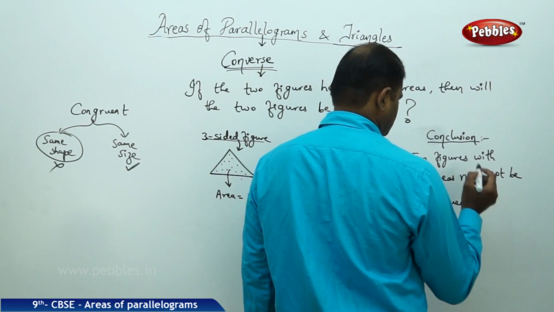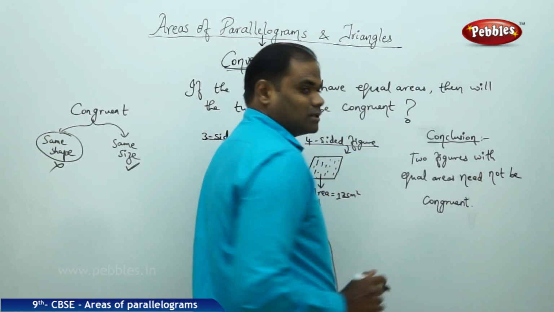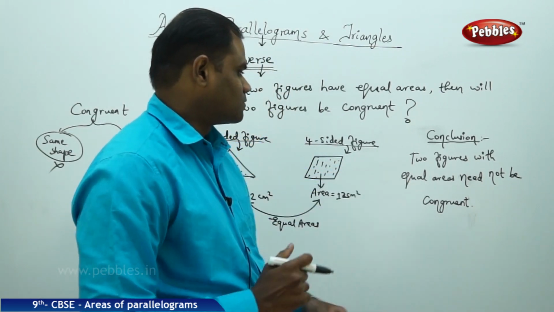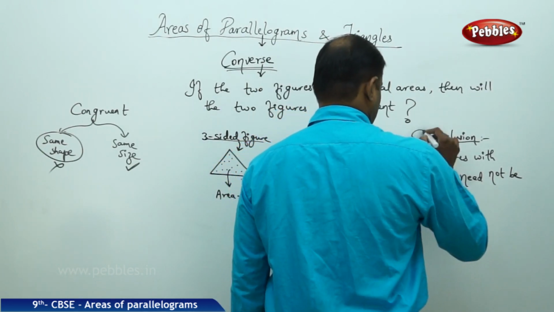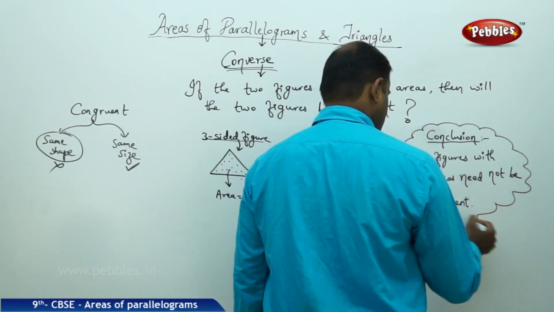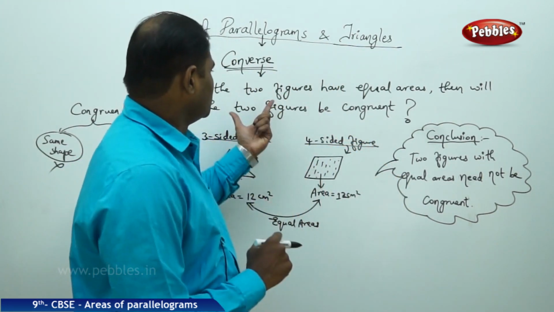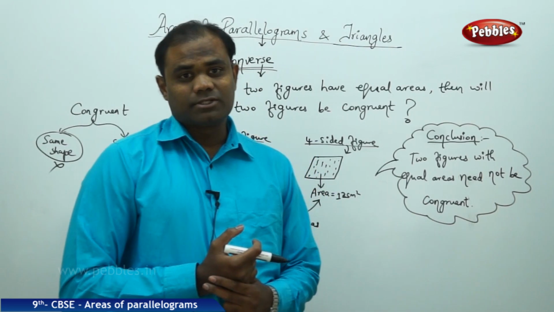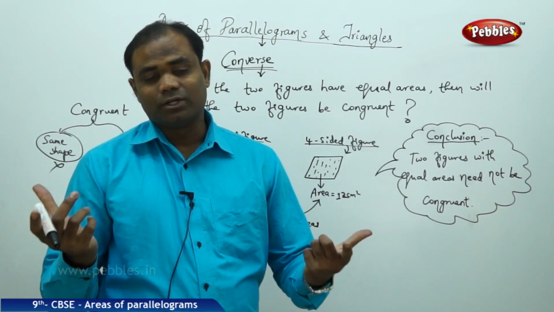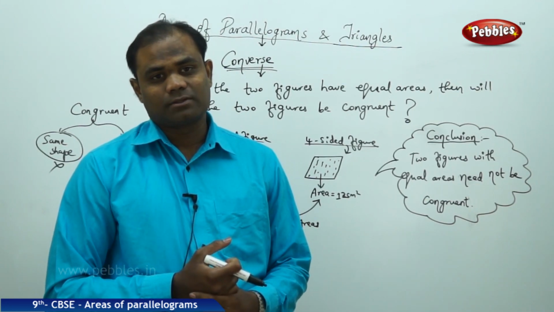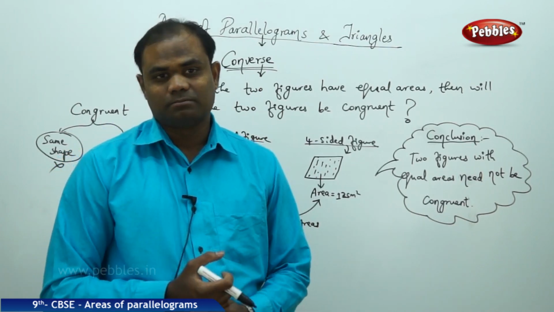Is how I conclude that two figures with equal areas need not be congruent. Is the conclusion in the converse. So the converse of the congruency statement says that two figures which have equal area need not always be congruent, just as in the case of triangle and parallelogram.